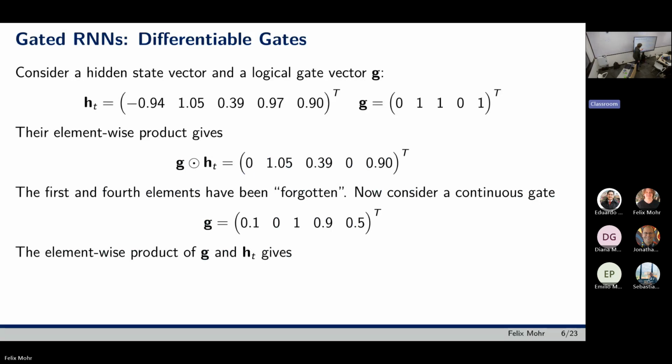Then we can do the same operation, but we will not completely forget. In this case also we completely forget the second field, and we perfectly remember the third field, but the first one is mostly forgotten and the fourth one is mostly retained. So how would this be reflected in the first value?